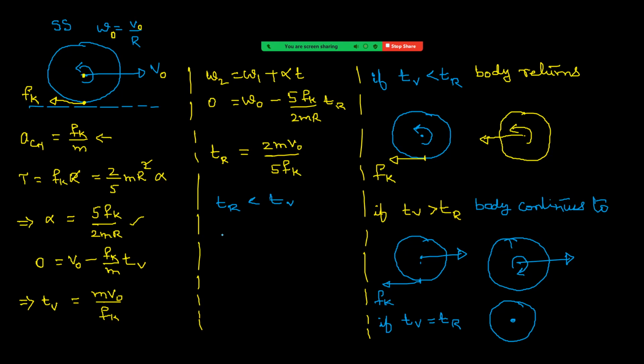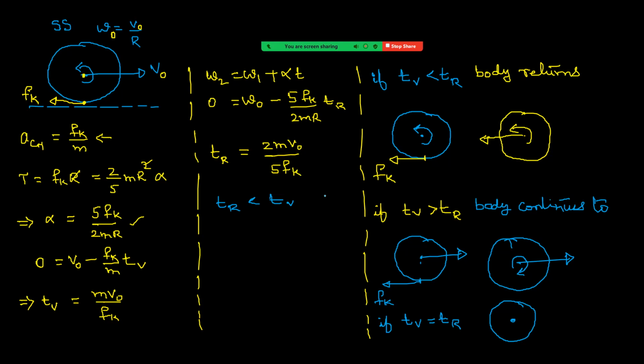Its meaning is rotation becomes zero before velocity becomes zero. Tv greater than Tr, right? That means it is now this condition, so the body continues to move in the same direction. Okay. So now we have to find, when rotation stops, what is the velocity? When slipping stops, what is the velocity?